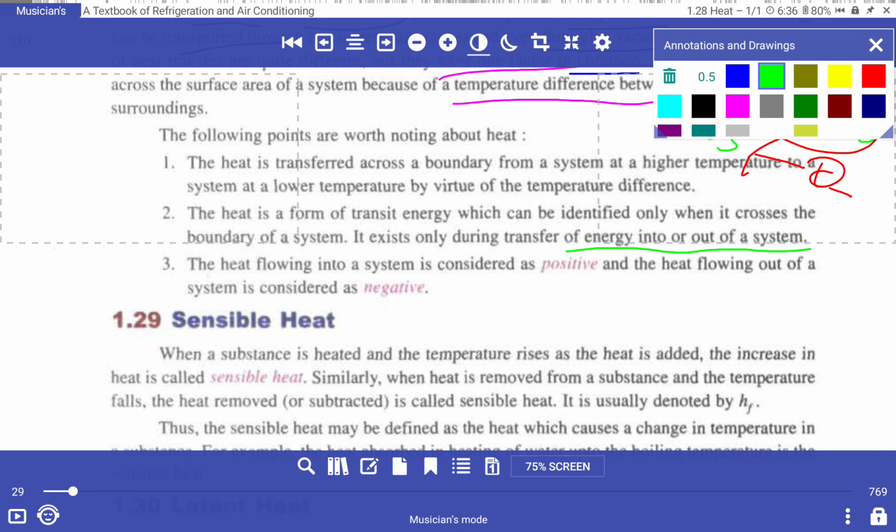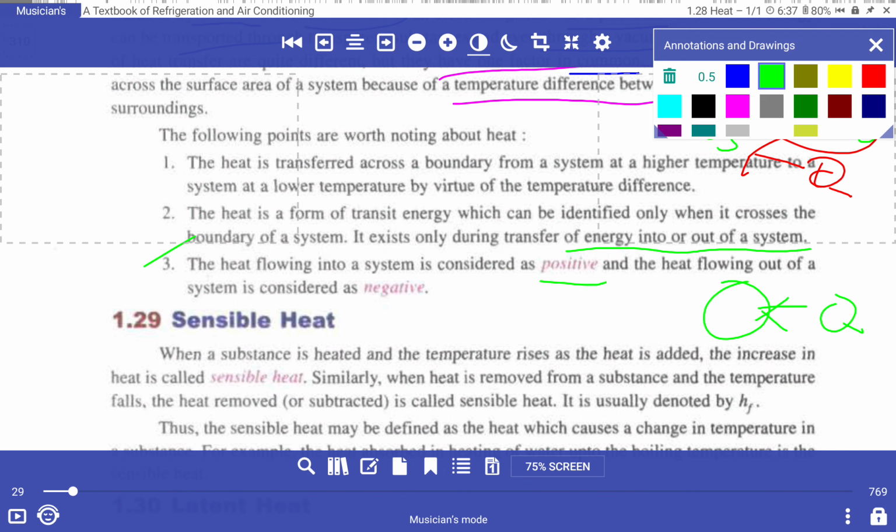Number three, the heat flowing into a system is considered positive. If this is your system and the heat is coming into the system, that is positive.